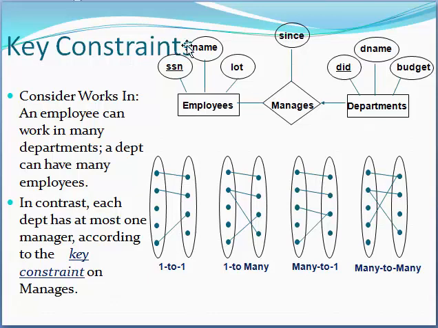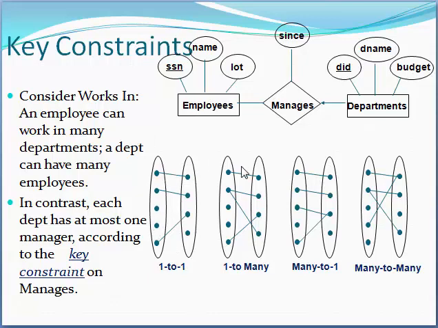Like you can see in this diagram, employees manages departments. बहुत सारे एम्प्लॉयज मिलके मैनेज कर रहे हैं बहुत सारे डिपार्टमेंट्स को. लाइक इसमें ये डिपार्टमेंट्स नहीं है बल्कि एक डिपार्टमेंट, अगर एक डिपार्टमेंट है तो एक डिपार्टमेंट में बहुत से एम्प्लॉयज काम कर रहे हैं.